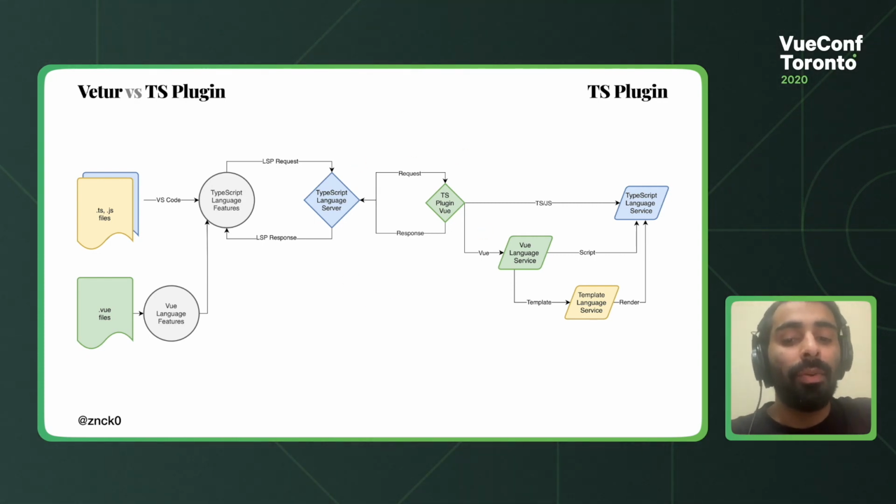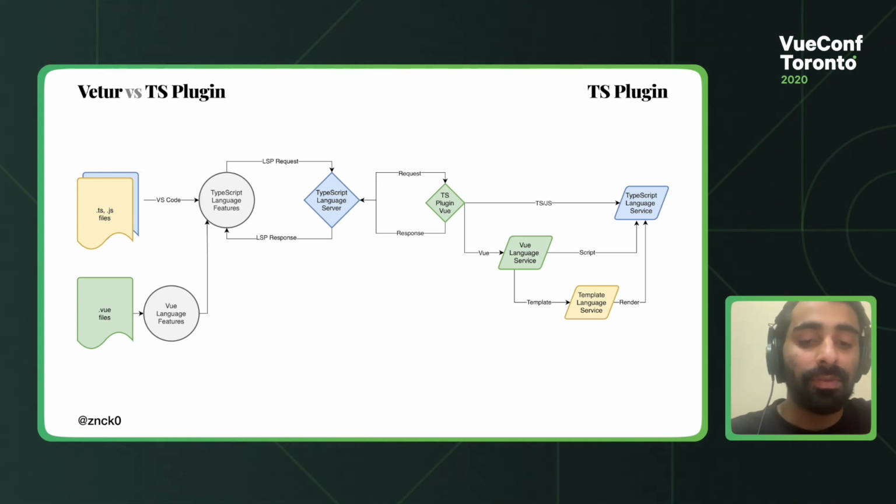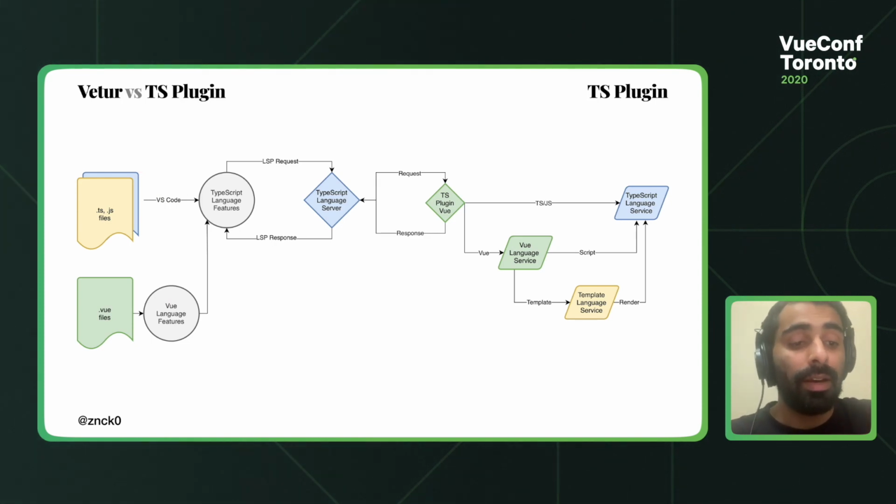So it gets all the TypeScript and JavaScript files from VS Code and selectively processes whether it's a TS file or a Vue file.